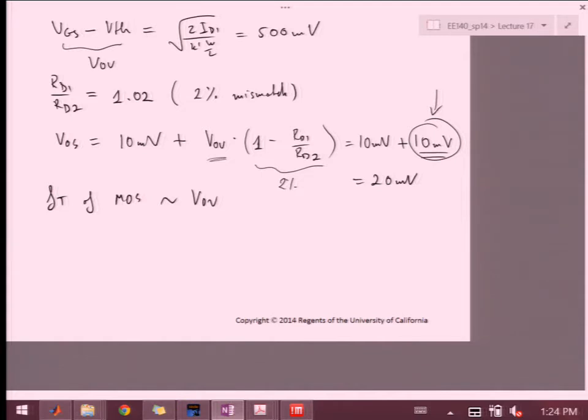And so here, if we want a faster transistor, we would like the overdrive to be higher. But a higher overdrive would multiply up the imperfection in the load resistors. So you will get more offset for higher overdrive. So this is a trade-off between accuracy and speed.